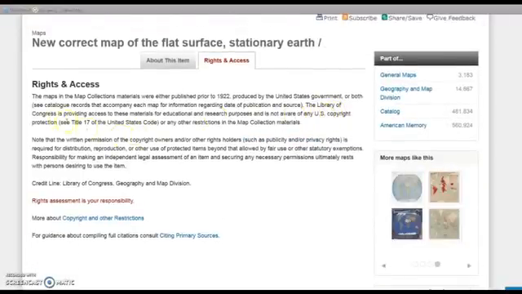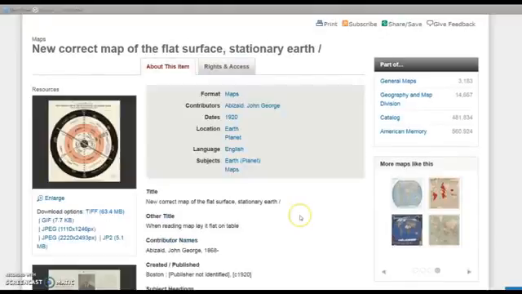Library of Congress is providing access to these materials for educational and research purposes. It is not aware of any U.S. copyright protection. It says here you can use it for fair use, educational purposes, under the fair use clause.